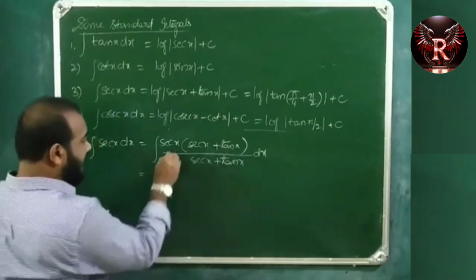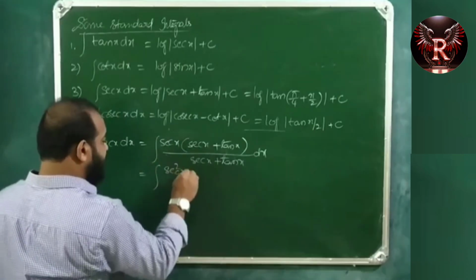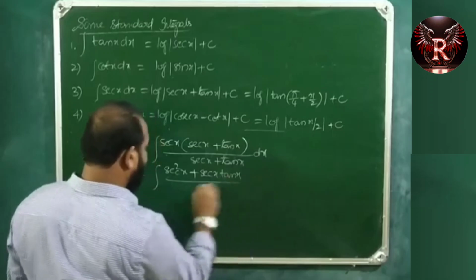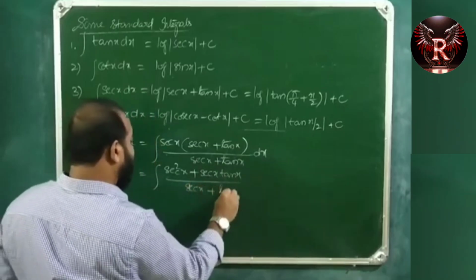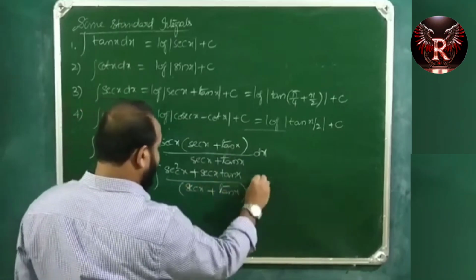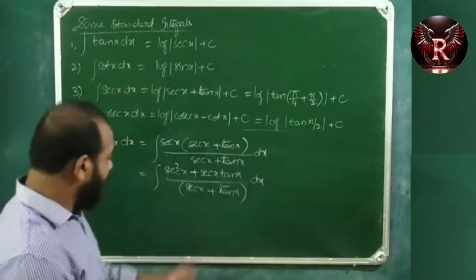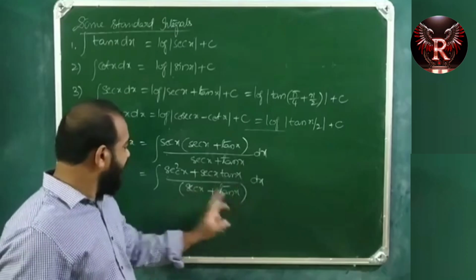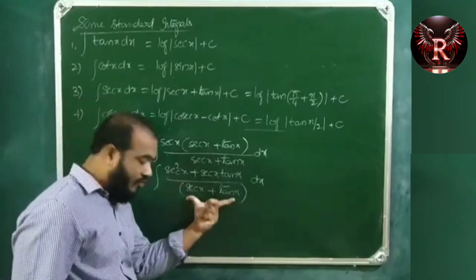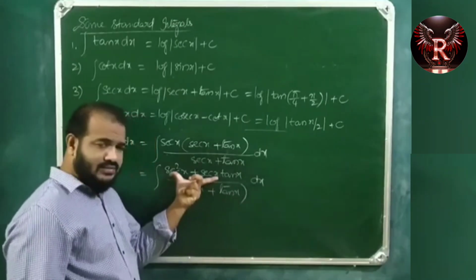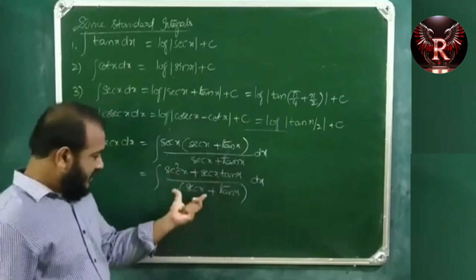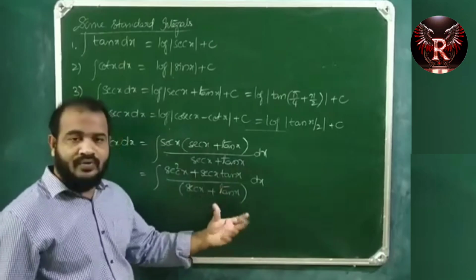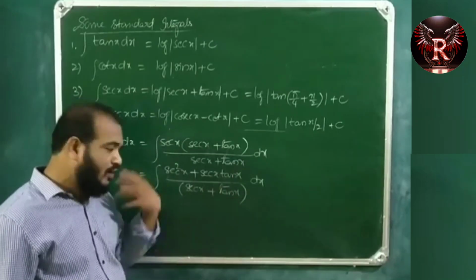Now secant x into secant x is secant square x plus secant x tan x by secant x plus tan x dx. The derivative of secant x is secant x tan x, and tan x derivative is secant square x. Therefore this is f of x and this is our f dash x. If you do not know it directly through the results, then no problem.